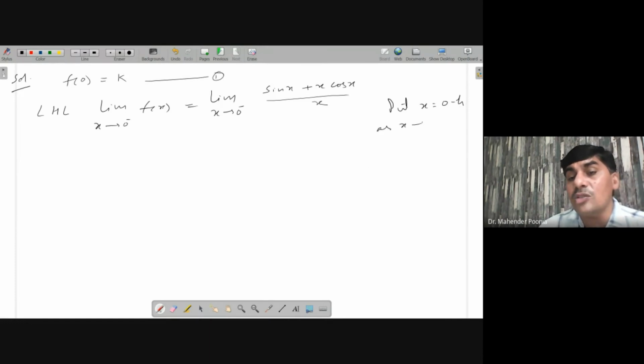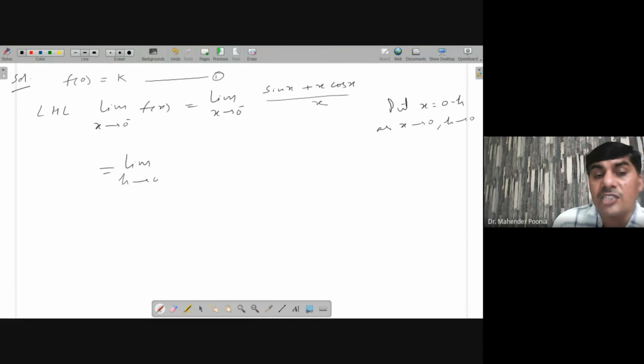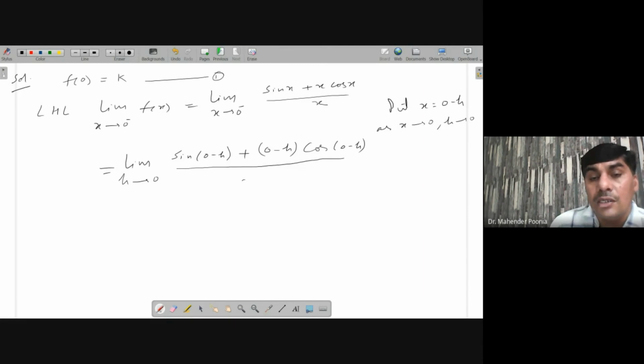As x tends to 0, h also tends to 0. So the limit becomes limit h tends to 0 of sin(0 minus h) plus (0 minus h) into cos(0 minus h) divided by (0 minus h), right?